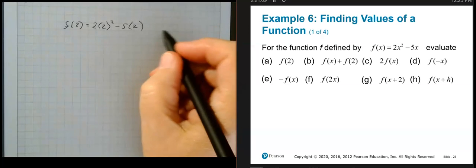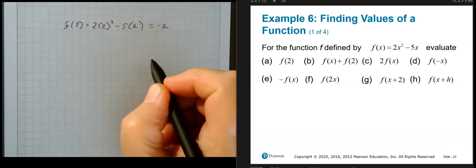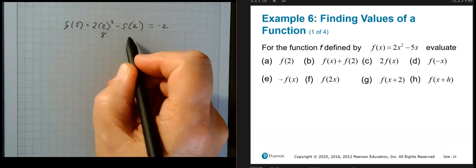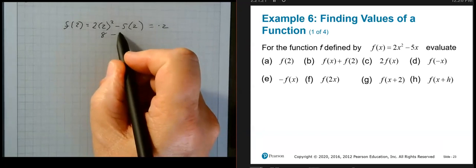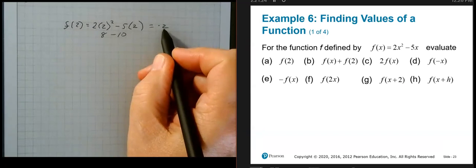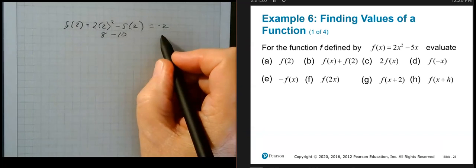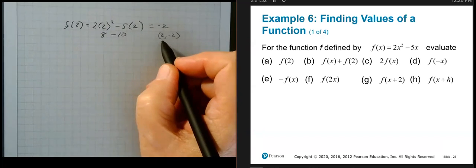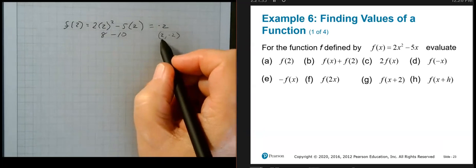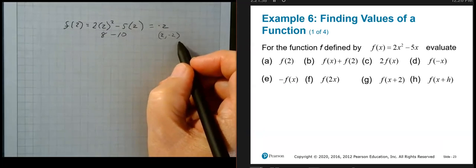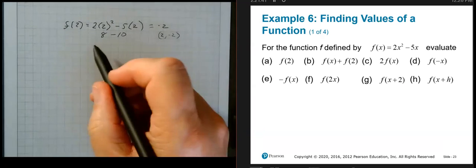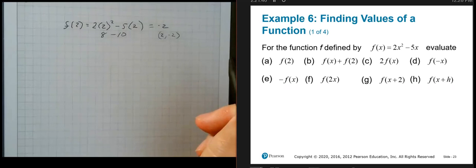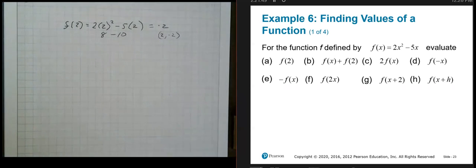And that happens to give us a negative 2. Because 2 squared is 4, and 4 times 2 is 8, and then negative 5 times 2 is a negative 10. So 8 minus 10 is a negative 2. And that means we have the ordered pair 2, negative 2. 2 as an input gives us negative 2 as an output. So the value of the function at 2 is negative 2. That's one way of stating this.